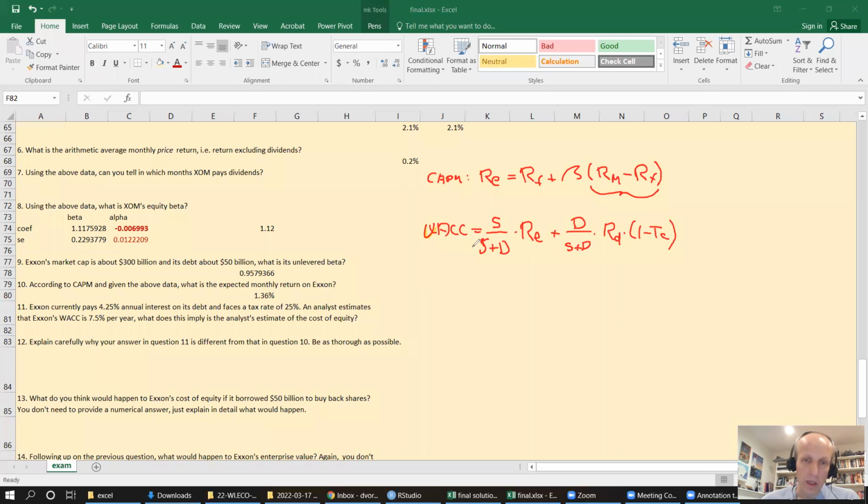So we know most of these numbers. We know that this is 7.5%. We know this is 300 over 350 times the equity cost of capital, plus 50 over 350 times 4.25%, which is the cost of debt, times 1 minus 25%, which is the tax rate.